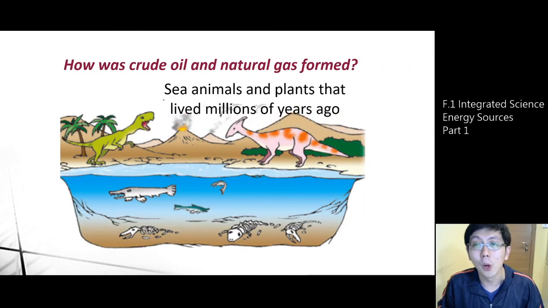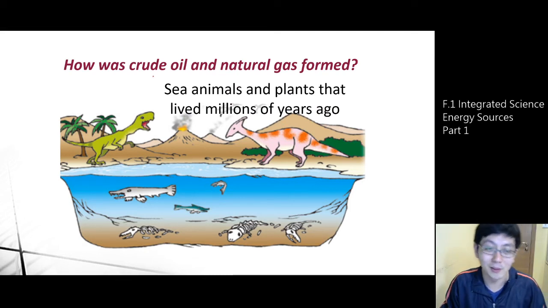Now, how about crude oil, natural gas? For Form 3 students, you know this in detail already. 過多2年你 Form 3讀 Chem 你就會讀呢，就再讀呢 part 嘅。However, for Form 1, I will give you this brief introduction first.